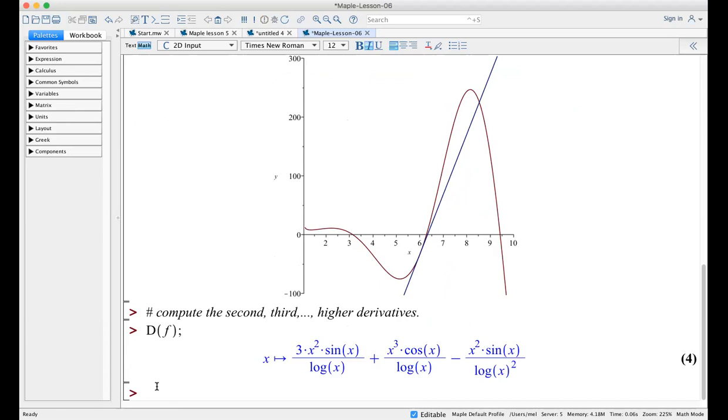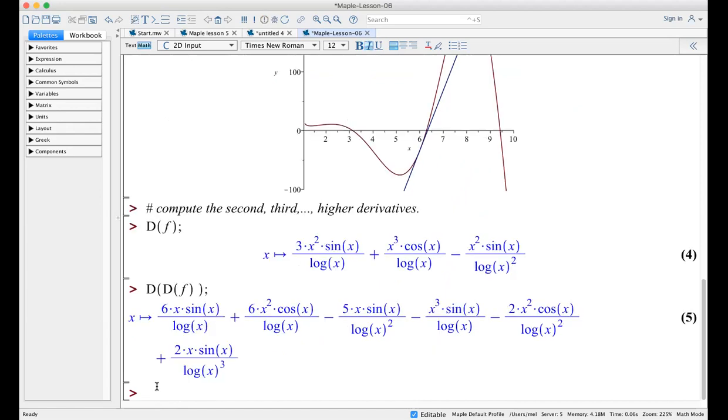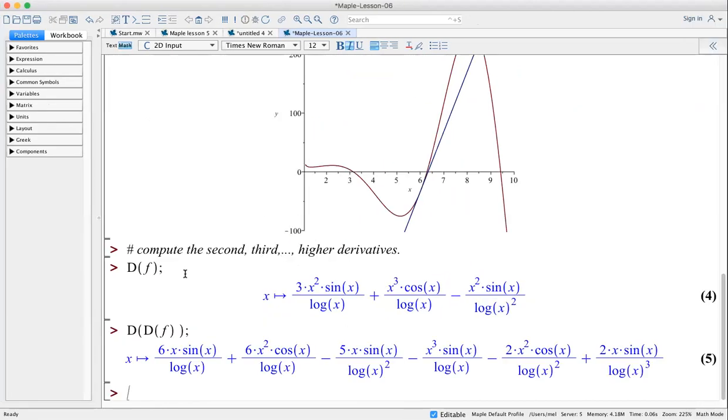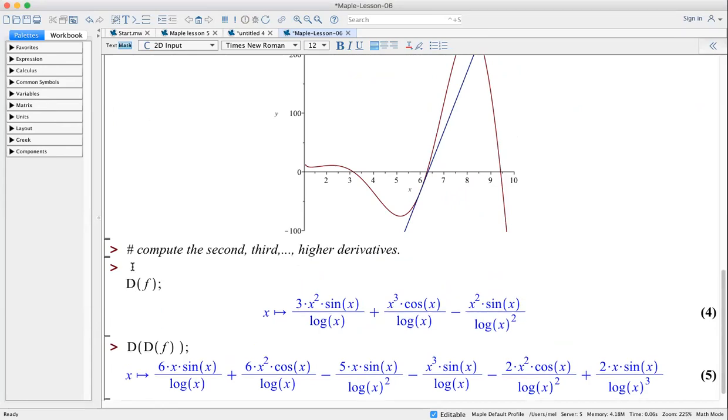The second derivative you get by differentiating the first derivative. So the first derivative is this.